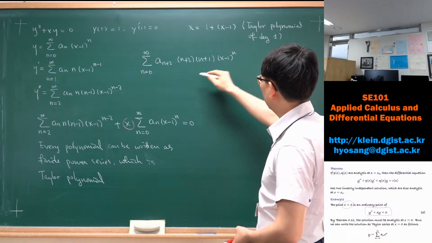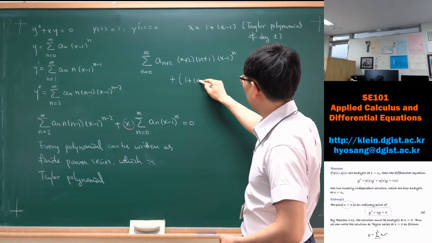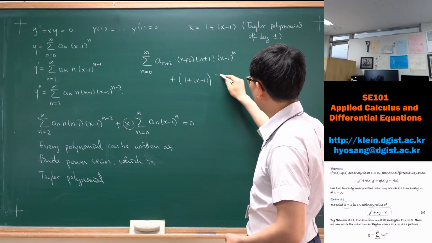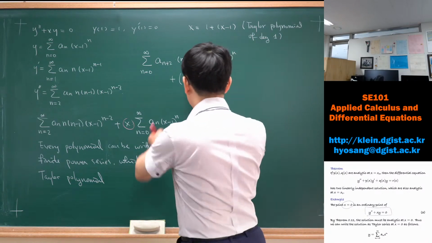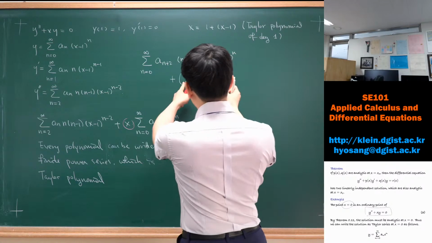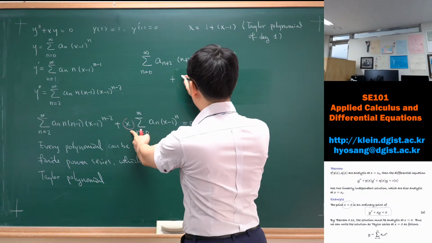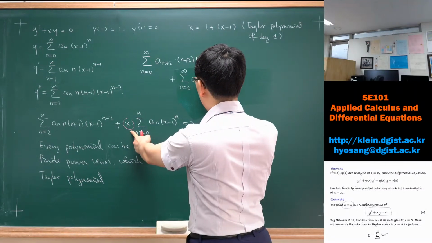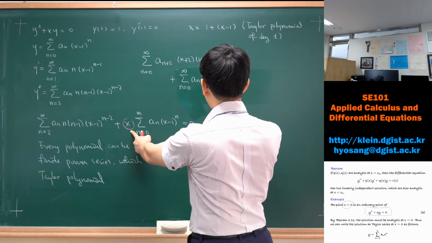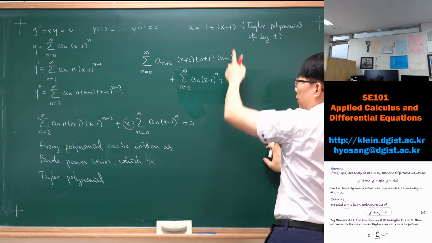Okay. And plus 1 plus x minus 1. And then let's also distribute this too. So 1 times this guy, the sum from n equals 0 to infinity of a_n times x minus 1 to the power of n, and then multiply by x minus 1.